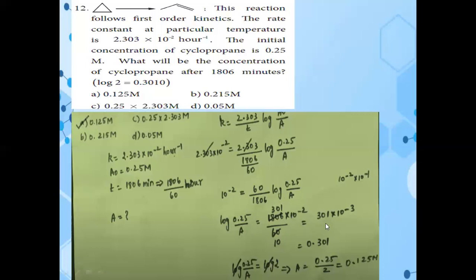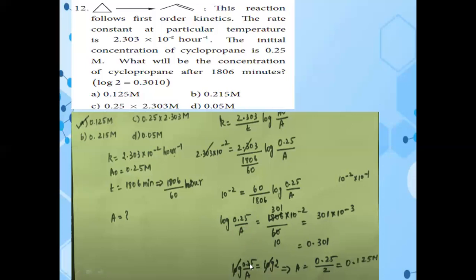So we get 301 × 10 power minus 3, so minus 3 is there. We need to keep the point three numbers before. Next, log 0.25 divided by A equals, this is the value of log 2. 0.301 is the value for log 2.